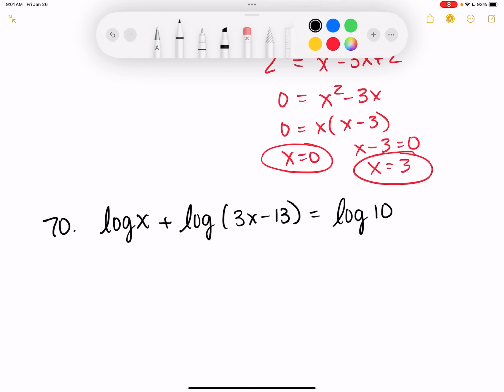Now, I'm going to give you a hint on this one. Because there's a log on both sides, and they're both going to have the same base, whatever ends up being inside the log, you're going to set equal to each other. The logs are just going to disappear. So you're not actually going to be making the e on this one. Okay.